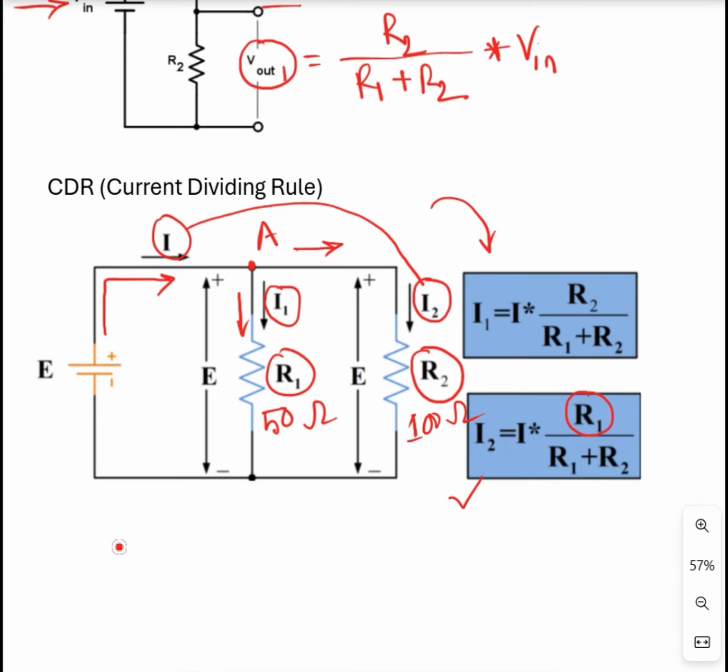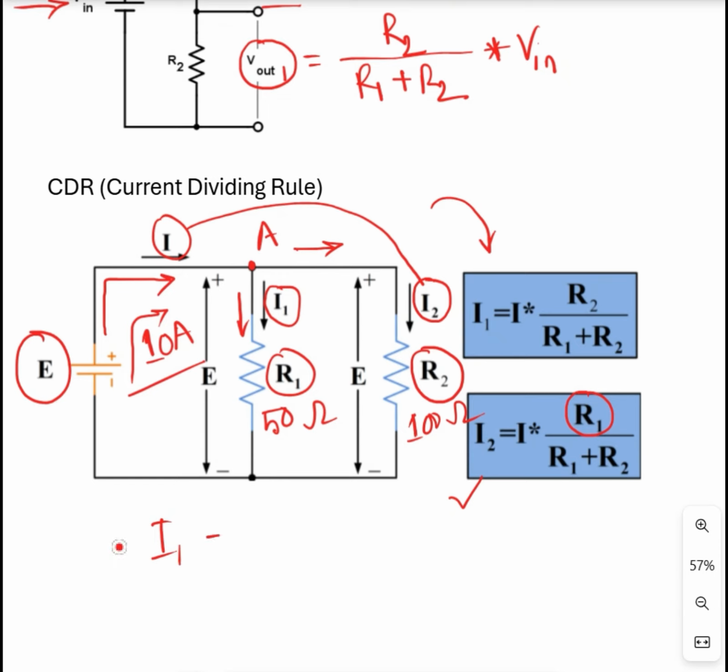Here the total current, let's say 10 amps, just an example, because we have to analyze this circuit, or evaluate the equivalent resistance of this circuit, then we can calculate the total current, and of course that depends on the potential source. Just consider the current here, 10 amps. So what will be the value of I1? This 10 ampere will be split into two portions. One is I1, another one is I2.